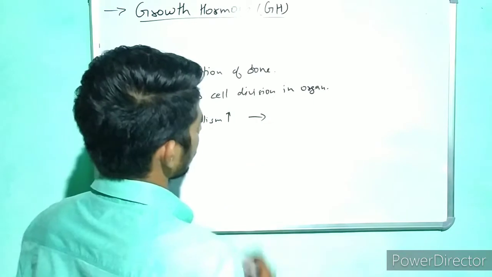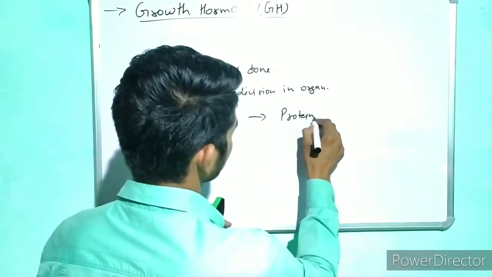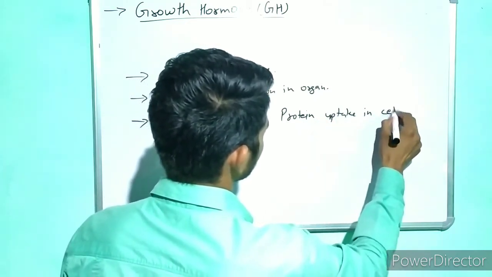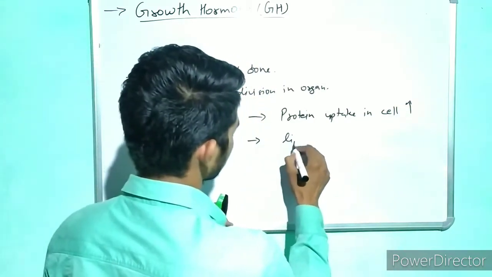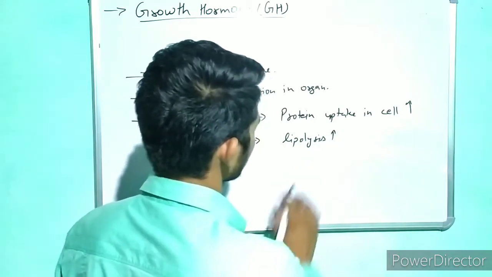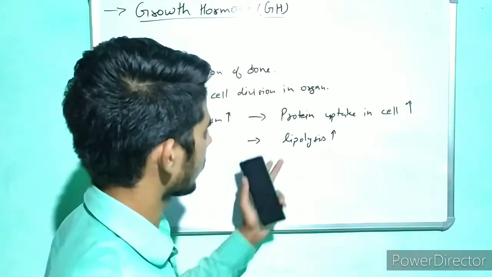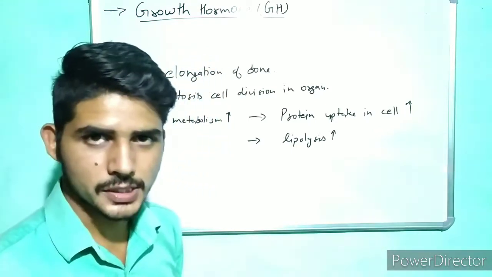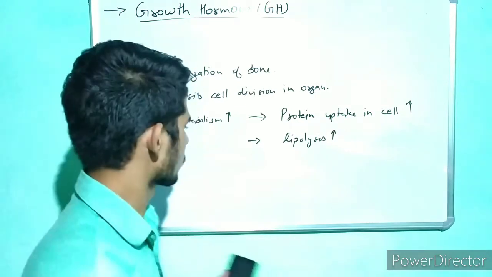How? Growth hormone increases the protein uptake in cells. It increases lipolysis. Lipolysis means the breakdown of lipids or fats. These lipids and fats are used by our body. And due to abnormal secretion, low or high secretion, diseases may occur.